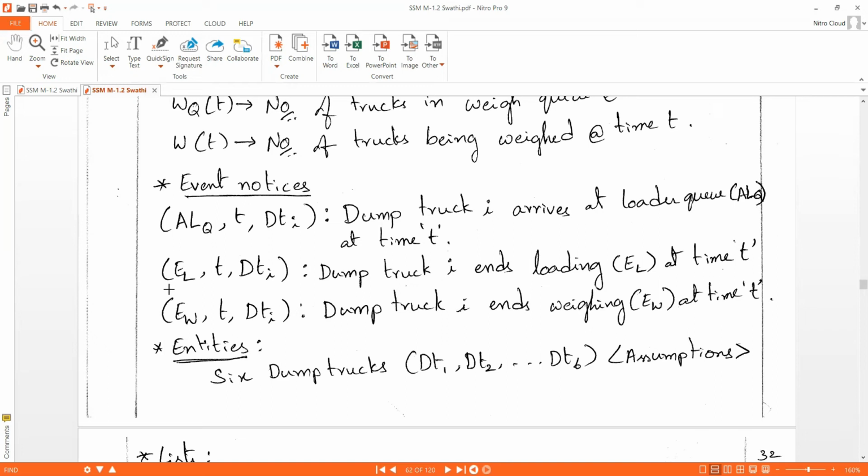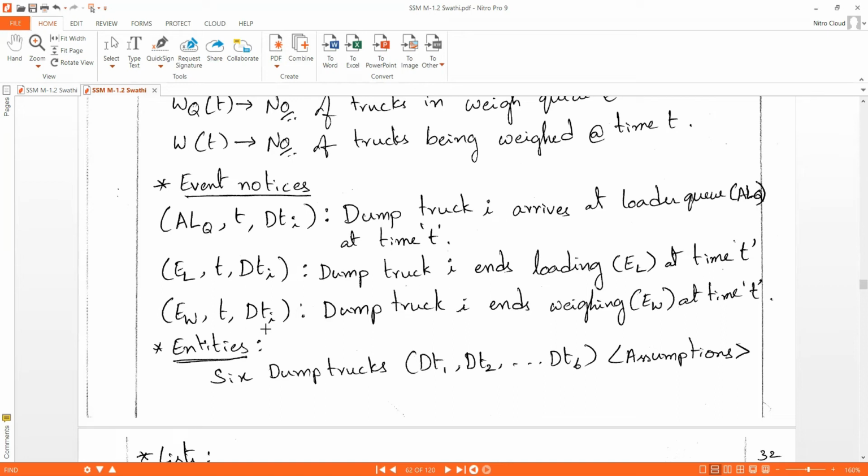Here EL, comma T, comma DI represents that dump truck I ends loading at time T. This is the arrival time to the loader, and this is the departure time from the loader.